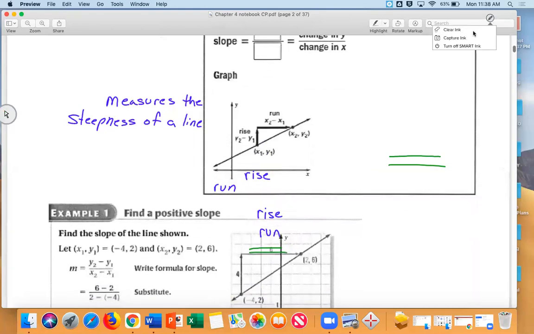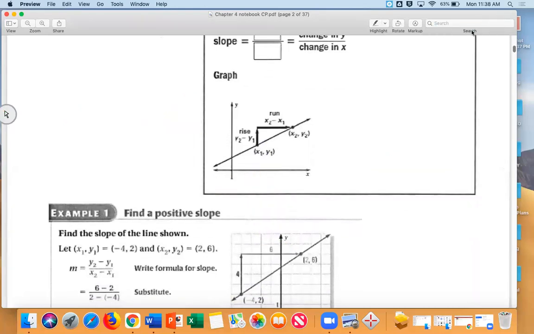In a graph, this is what it looks like. The change in y is how much we're going up and down. The run, which is the change in x, is over how long we do that. Now, the bigger your slope is, that means the larger the change in y is over the shorter amount of x.